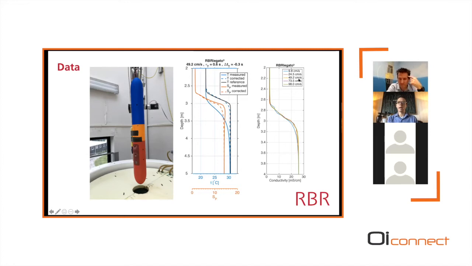And on the right-hand side, you see that even at very slow speeds, there's an order of magnitude in speeds here from 98 centimeters per second to 9.8 centimeters per second, the conductivity precision remains pretty good. And so these have been very good results that again highlight the natural flushing of this type of conductivity cell, even at lower speeds.